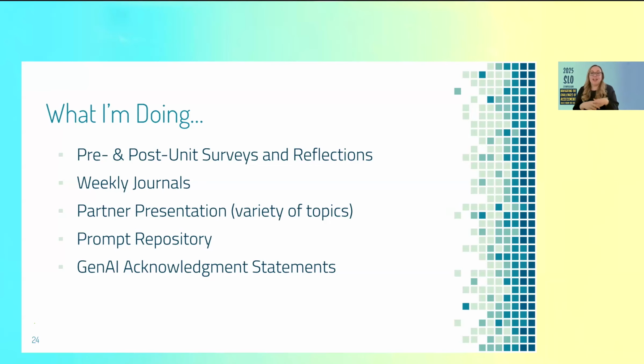No. But I am trying to create a culture of openness where this class is about generative AI. So you should feel free to use it, but feel free to use it in a way that prioritizes those 4 pillars. So prioritize your agency with how you use it and your accountability, which means you need to include some kind of GenAI acknowledgement statement as part of growing your accountability with these tools.